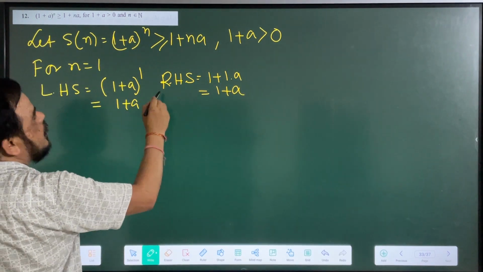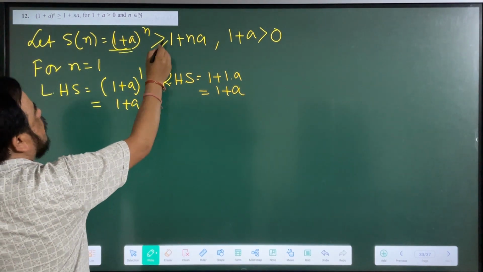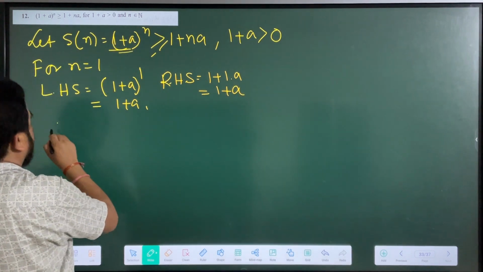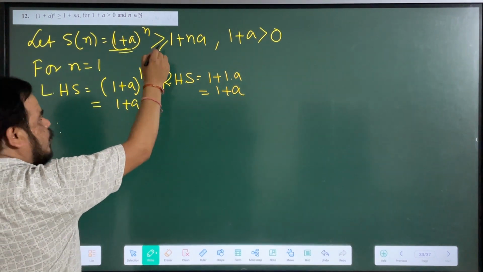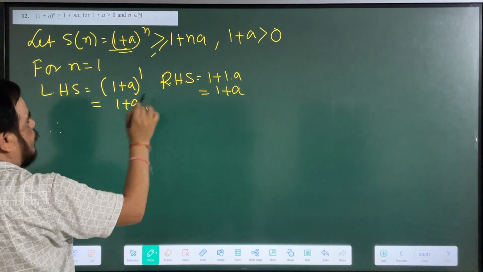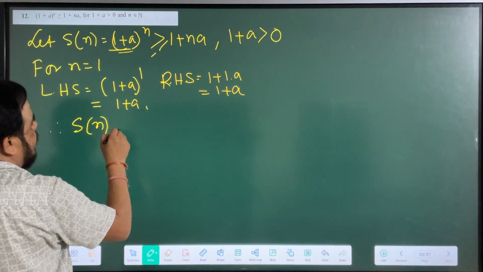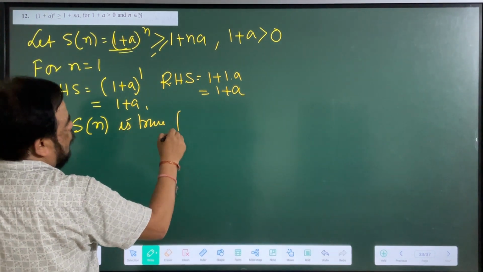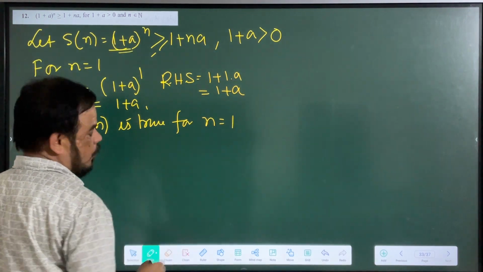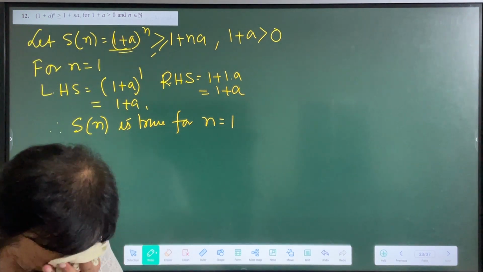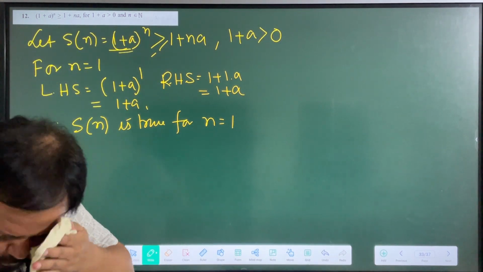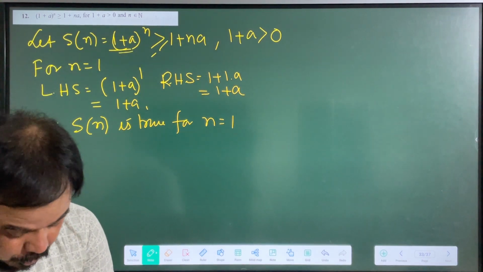So LHS is equal to RHS. Here the equal sign is there, so for the greater-than sign, the equal sign is also there. So equality is proved, and Sn is true for n equals 1. Greater than or equal, so the equal sign can also be proved.